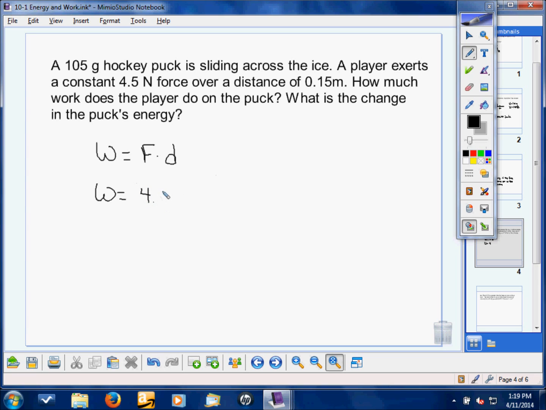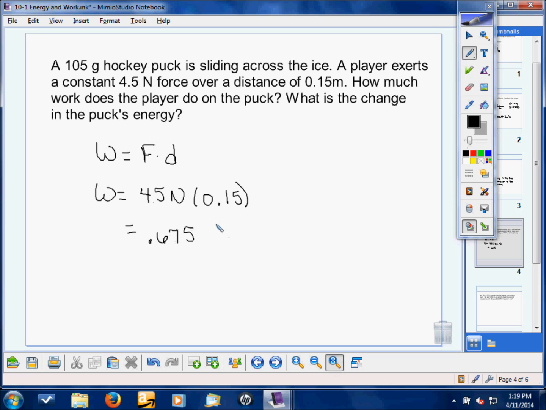So 4.5 newtons times 0.15 meters, and this is a nice problem. It doesn't mean that you have to convert anything. So 4.5 times 0.15 equals 0.675.